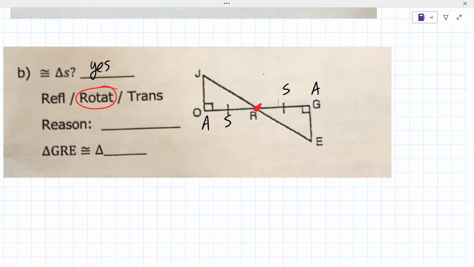Right, there's not a third angle in this drawing as is, but maybe there is one because you can find it, like where R is, that area.